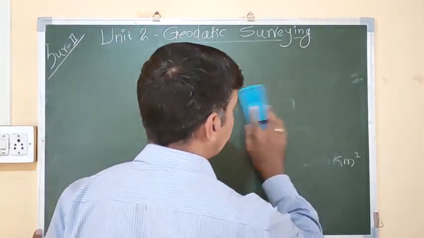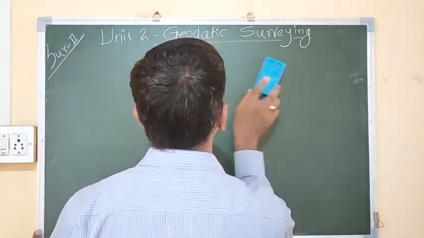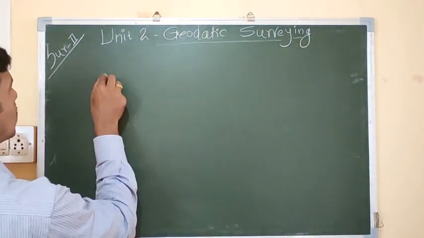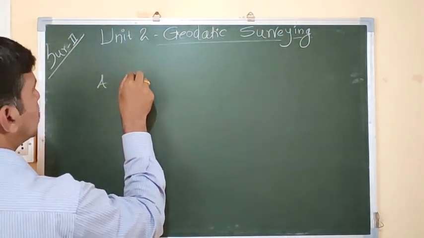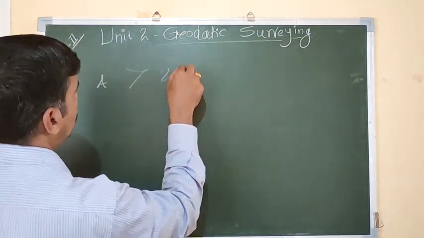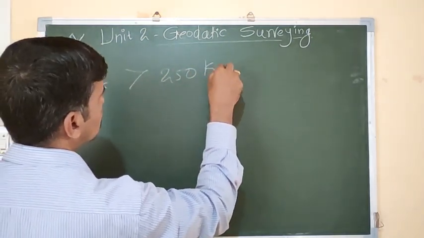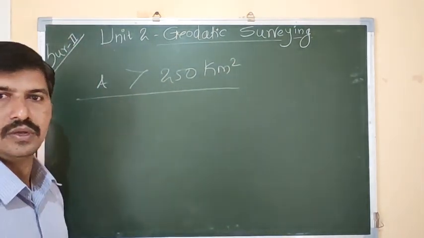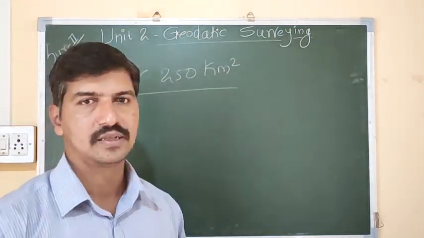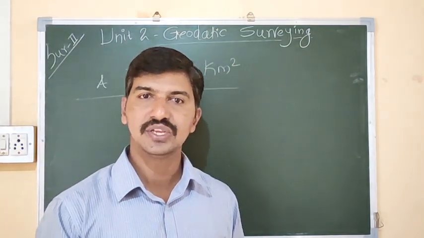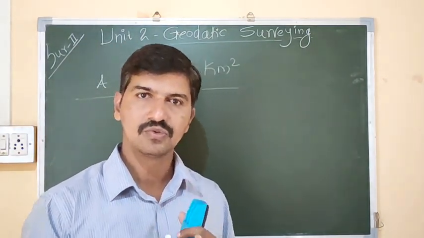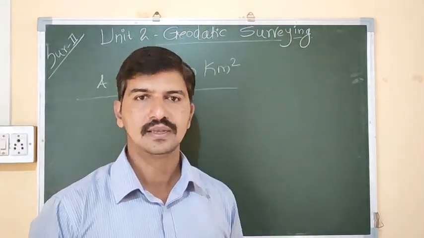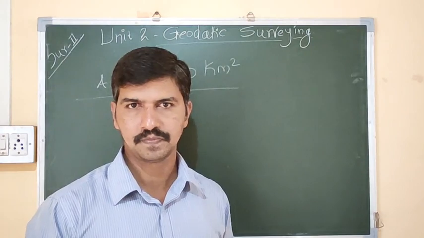So, second year, when we consider the geodetic survey, our area should be greater than 250 kilometers square. If you look at an extensive and large area, when we have to go for the surveying of the same kind of area, then we have to do the geodetic survey.